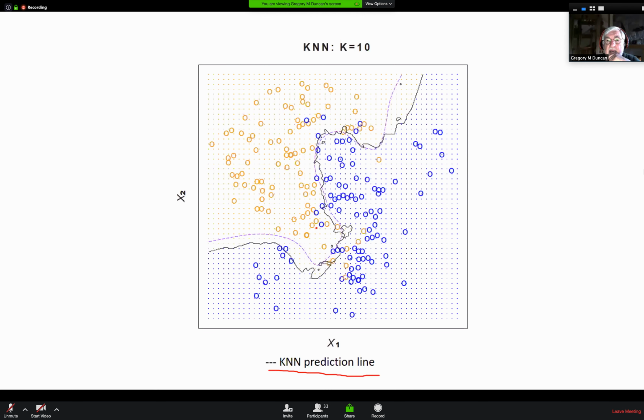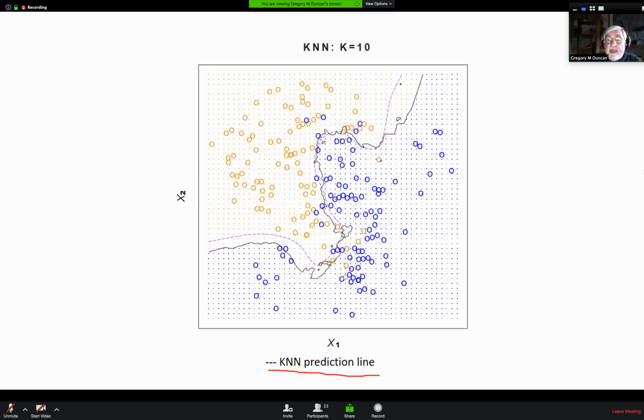It has 1, 2, 3, 4, 5, 6, 7, 8, 9 of the blues misclassified on the wrong side of the black line, and 1, 2, 3, 4, 5, 6, 7, 8, 9 of the orange misclassified.